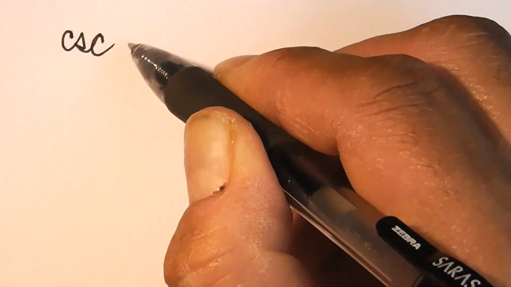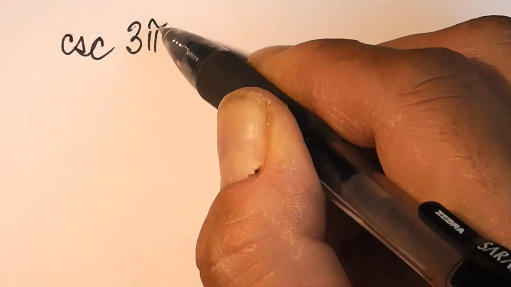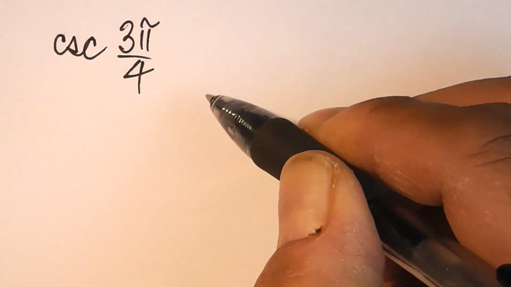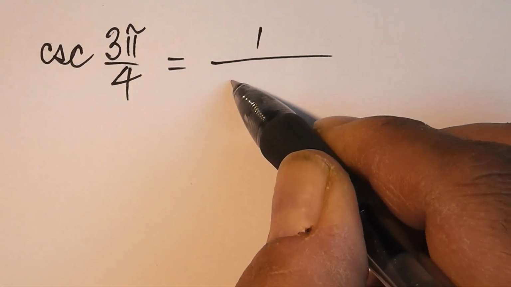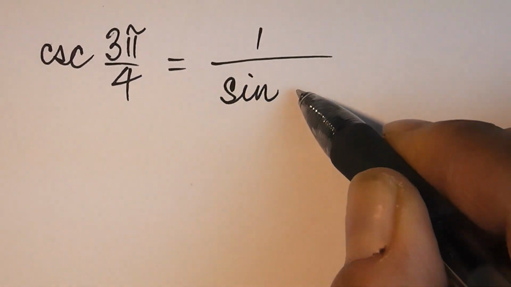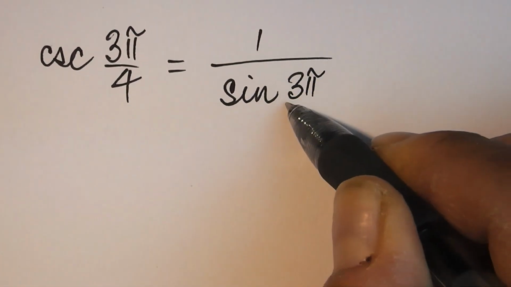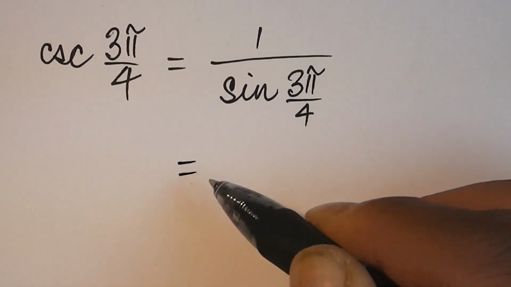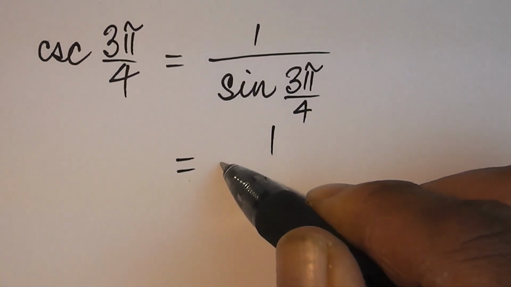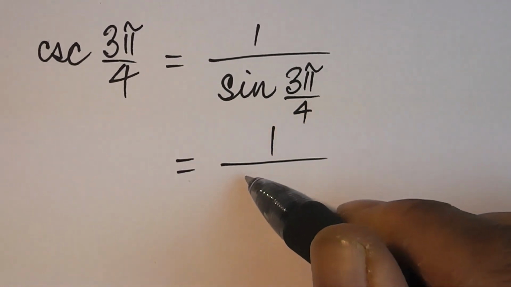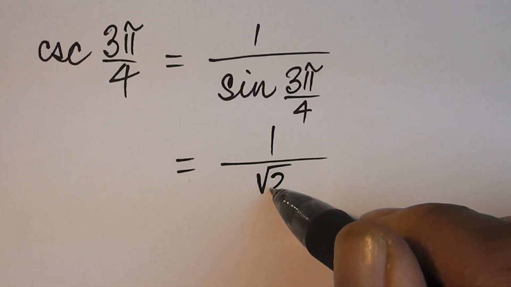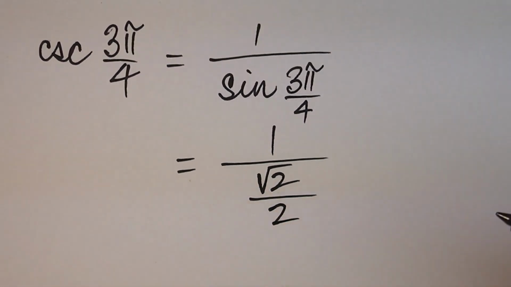So cosecant of 3 pi over 4, that's going to be 1 over sine 3 pi over 4. So sine 3 pi over 4 from your unit circle is radical 2 over 2.